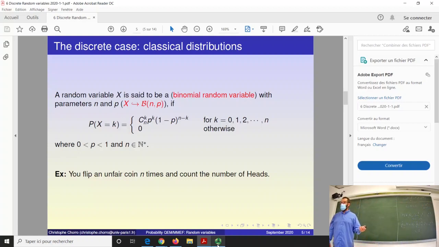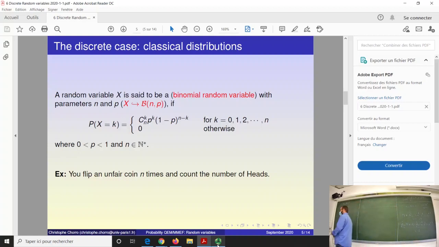In this situation, if I denote by capital X the number of heads you obtain, I have exactly a binomial distribution. More generally, flipping a coin is just something that has two possible outcomes, here head and tail, but you can replace head and tail by anything you have in mind.